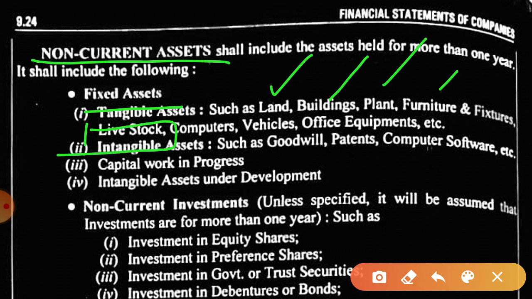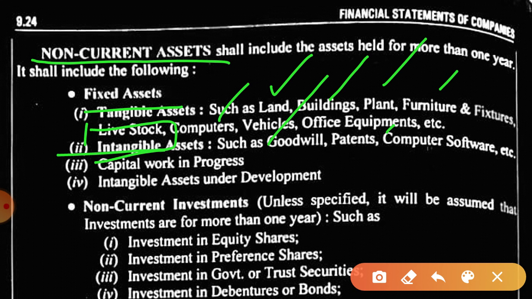If the company has animals like buffaloes, they are assets, so that is livestock. Computers, vehicles, office equipment, these are tangible assets which can be seen or touched. Then after that come intangible assets, the assets which cannot be seen or touched: goodwill, patents, copyright, trademark, computer software. These are all covered under intangible assets.